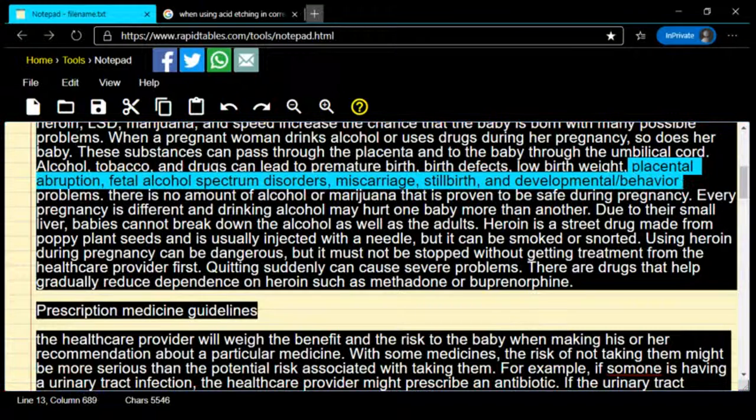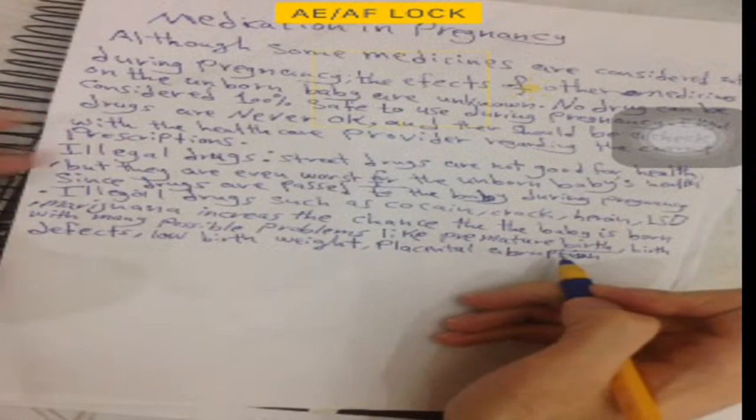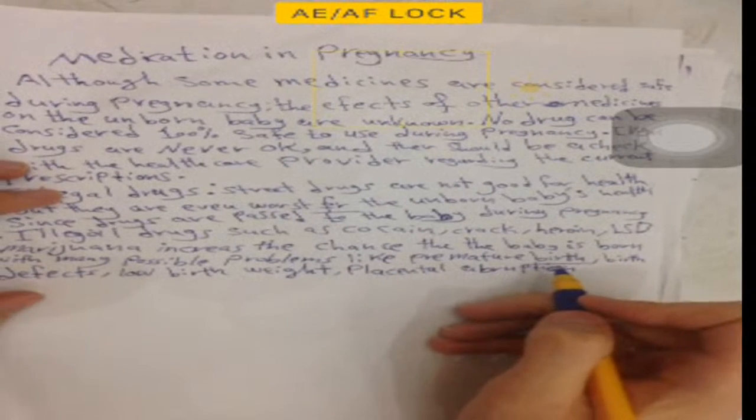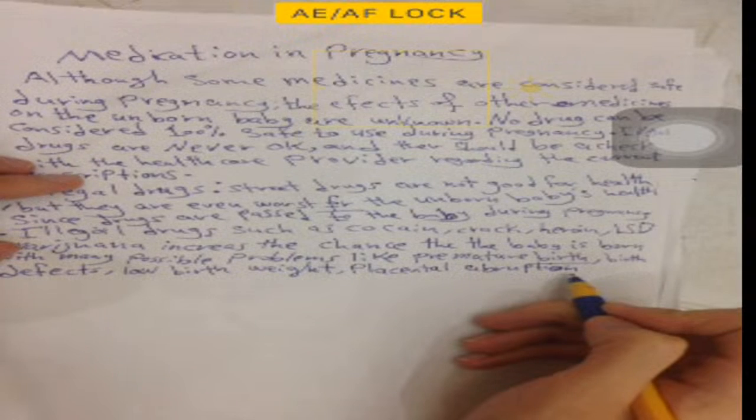And many other problems. Of course, one of them is placental abruption and fetal alcohol spectrum disorders.